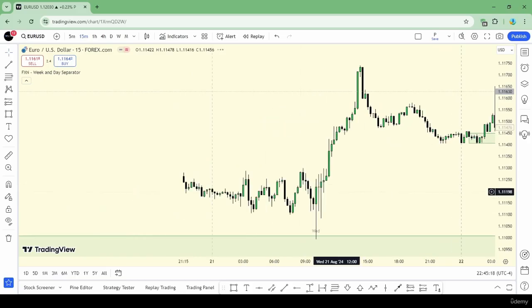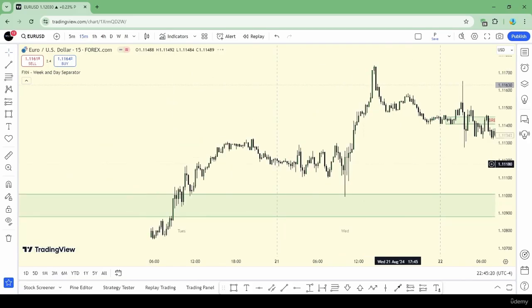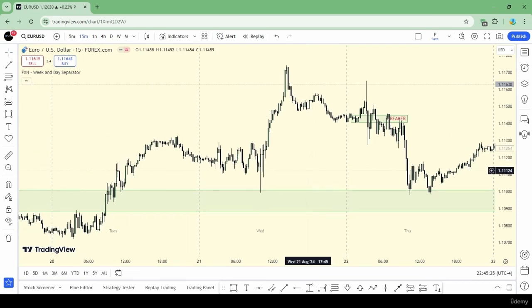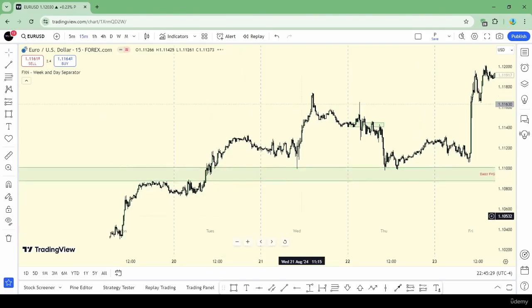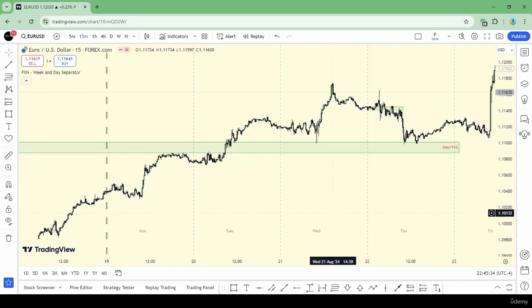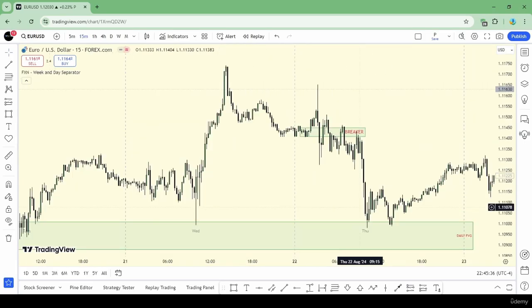So as we can see here, this is the daily fair value gap. This is the daily fair value gap, as you can see.